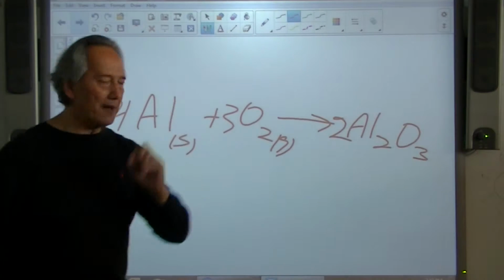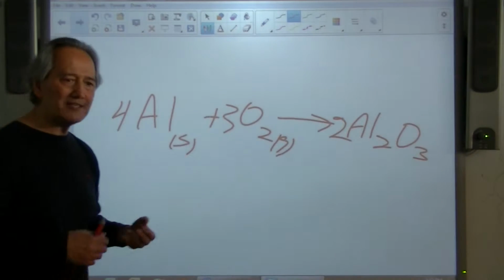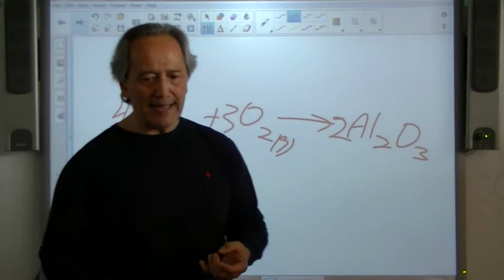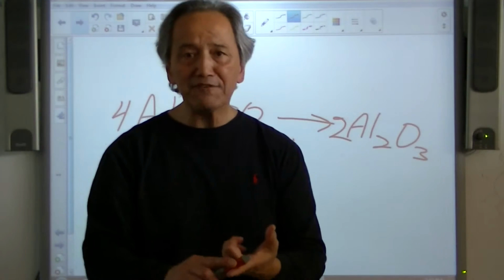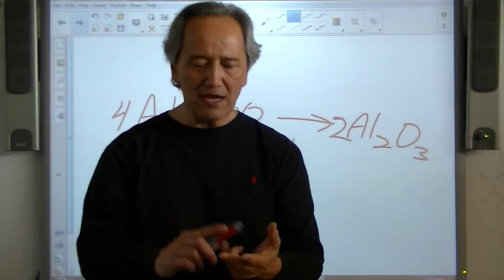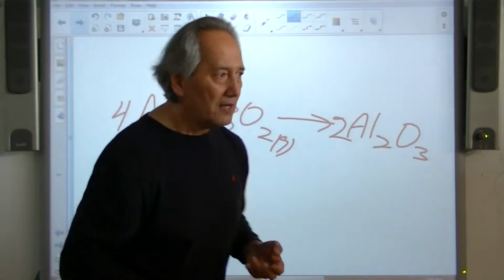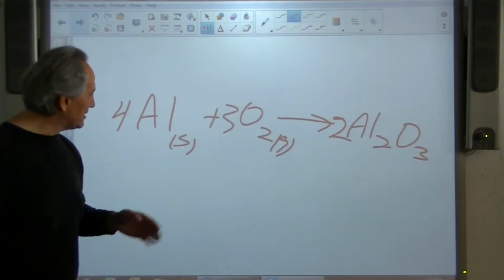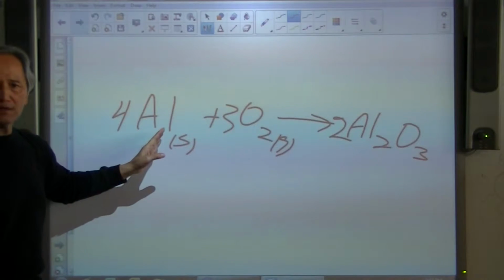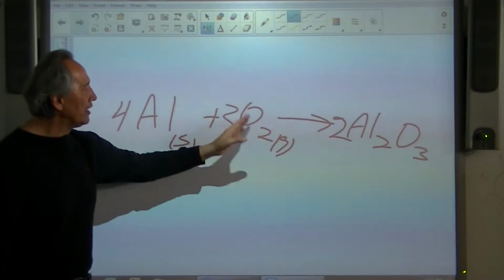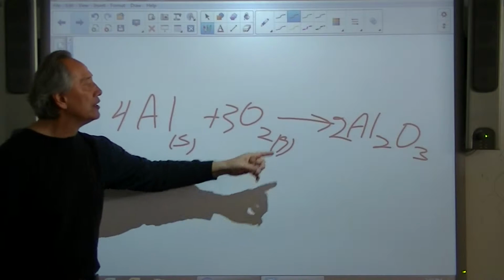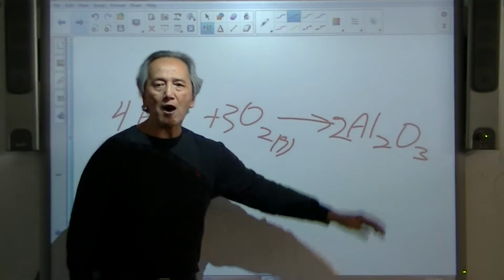Okay? First step. Second step is, let's identify what the problem is, and then from that we're going to identify the given, we're going to identify the unknown, and then proceed forward. Okay, the problem states this. It states that aluminum metal will react with diatomic oxygen to produce aluminum oxide.